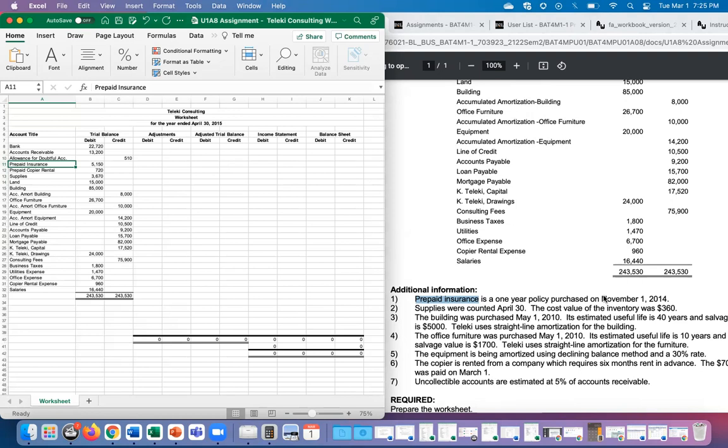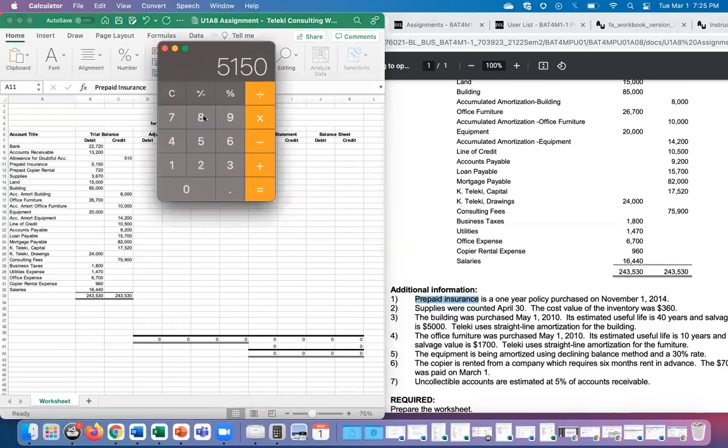Six months is half of a year, so half of our policy has already been used up. For that prepayment of the insurance, we have to account for half of it already being gone. That's what this adjustment is about. So we want to figure out what half of 5,150 is.